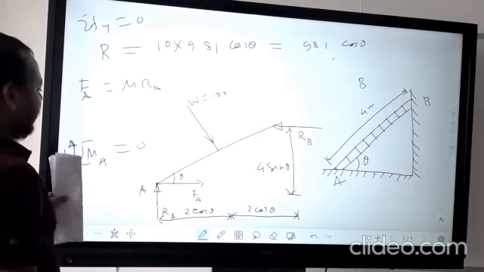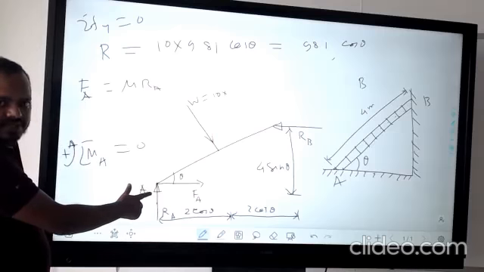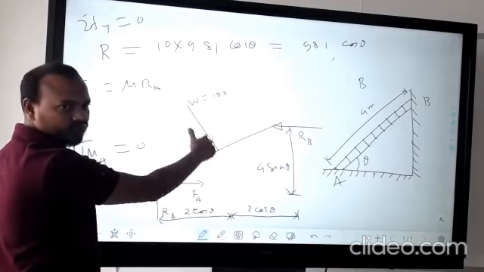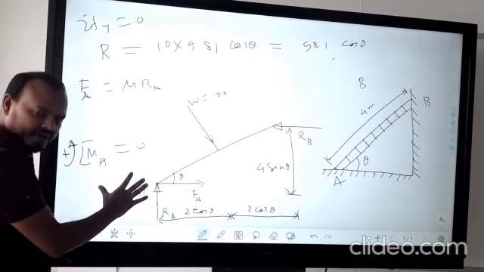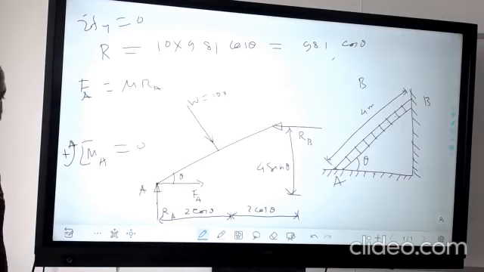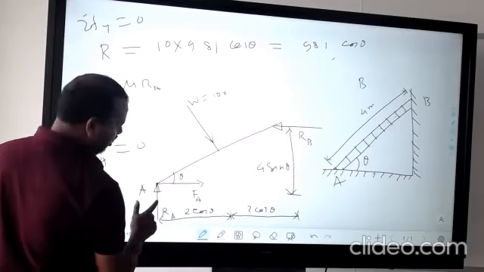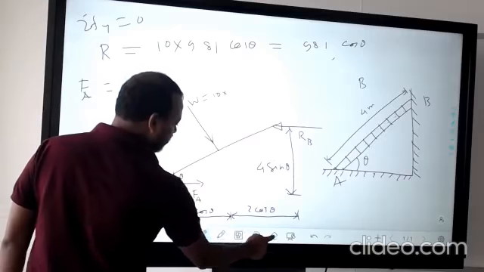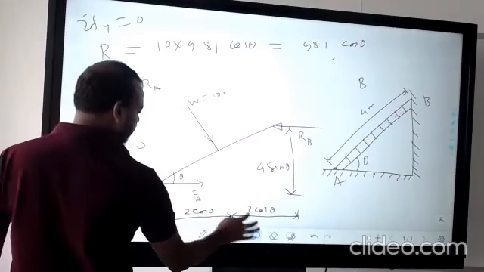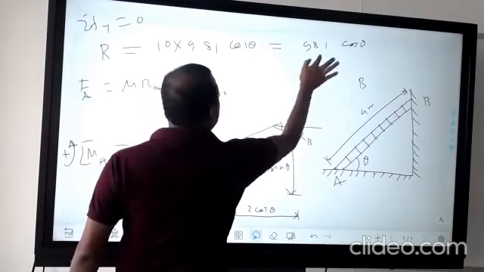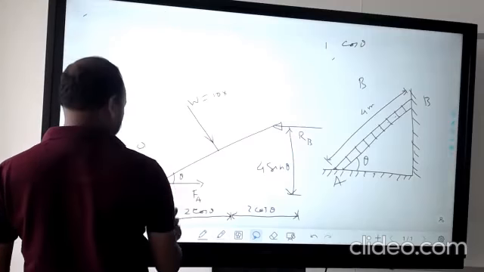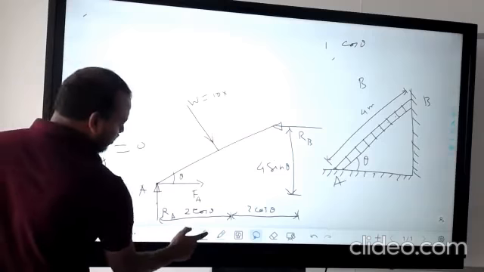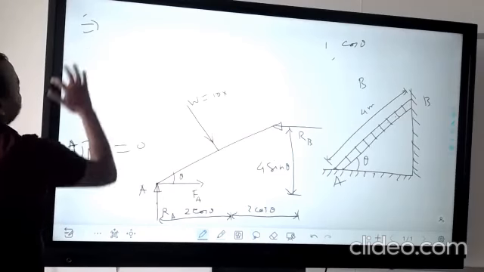You are taking moment with respect to this point. Again, I am explaining. Vertical distance is given. Force is also known. For taking moment, always force into vertical distance. So these 1, 2, 3, 4 forces are there. See, we are taking moment with respect to point A. So how many forces do we have?